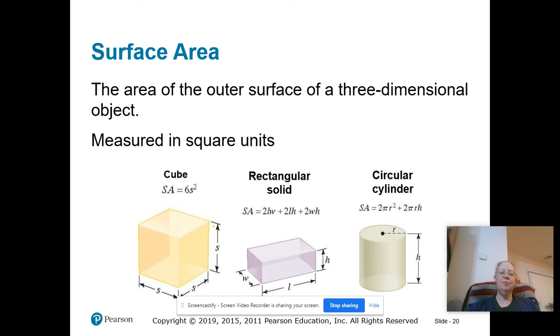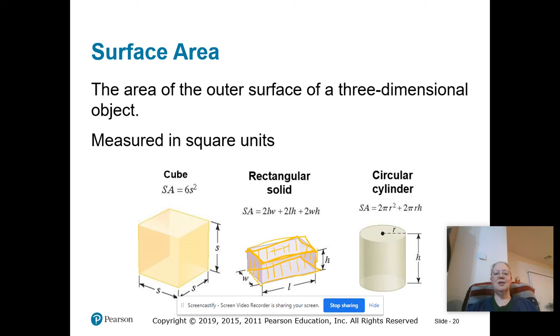All right. So think of it this way. We need the area of the top wall of the box, and we need the area of the bottom wall of the box, and we need the area of the side wall of the box, and we need the area of the opposite side of the box, and we need the area of the end of the box and the area of the other end of the box.